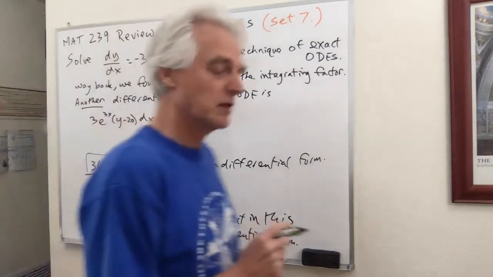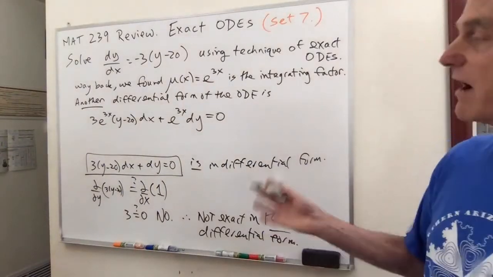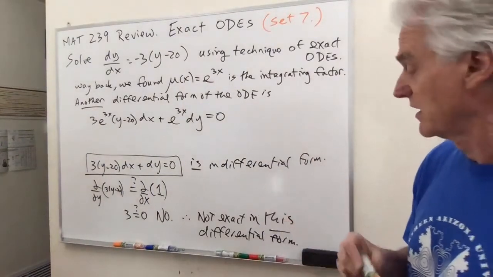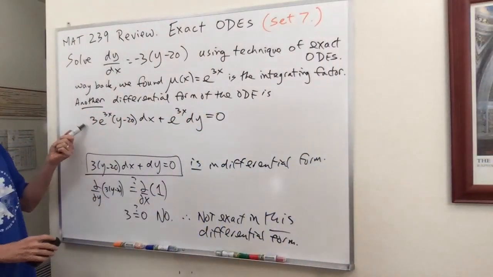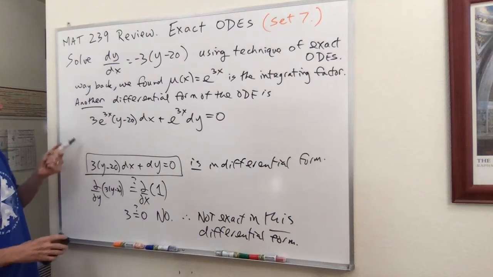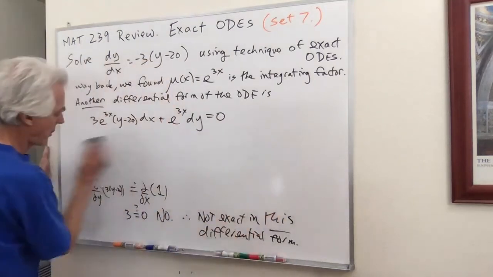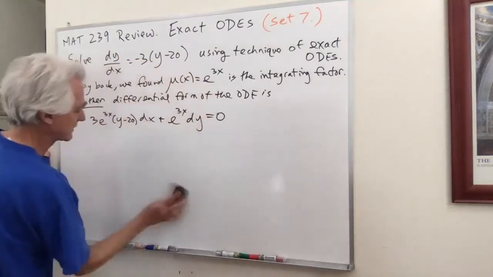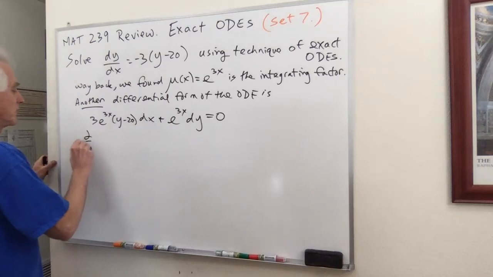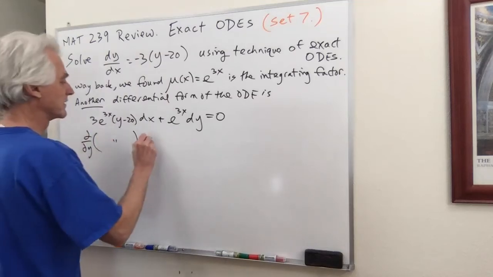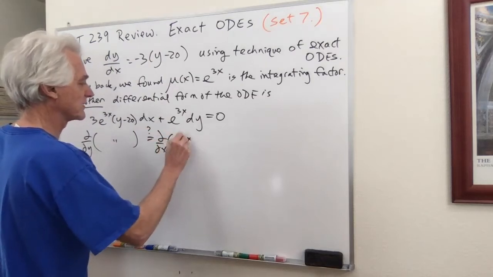So now I want to check if this is exact. This wasn't exact, but this is actually the same differential equation, because I just multiplied by some non-zero function. So is this exact? Well, I can take the partial with respect to y of this thing. Does that equal the partial with respect to x of e to the 3x?